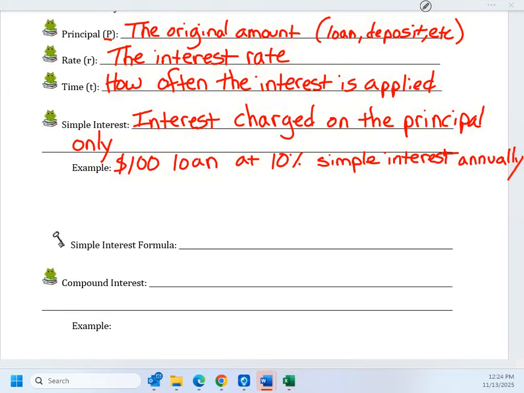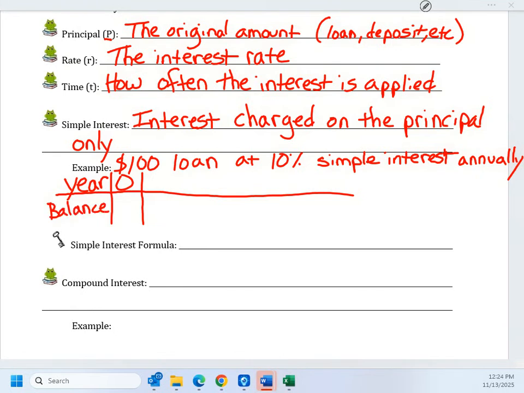Okay, so that means every year, because it's annually, so we have to look at when we first take it out, here's our balance. What would our balance be when we first take out that loan? What is our principal amount? Henry? $100.